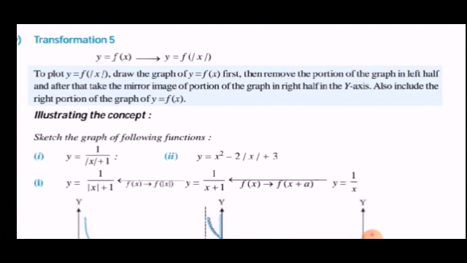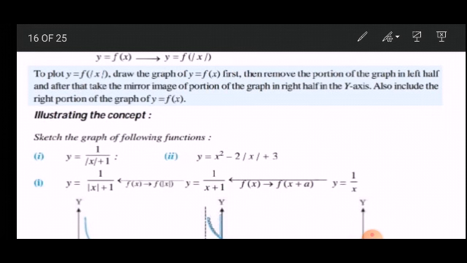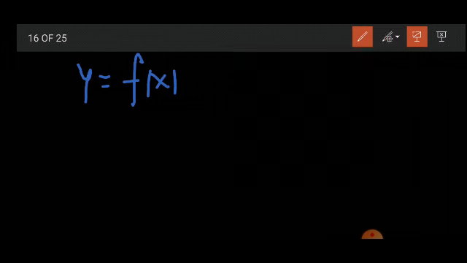What does it mean? Let's come here to understand on the board. Now we are interested in drawing the graph of y equal to f of mod x. So let's say this is y equal to f(x).